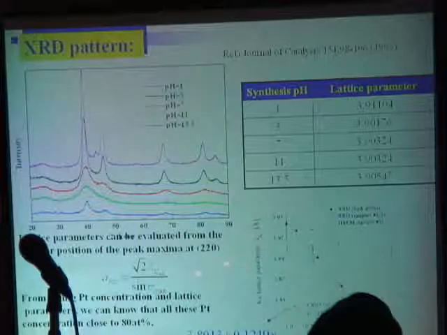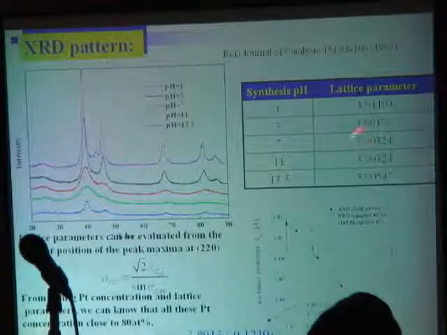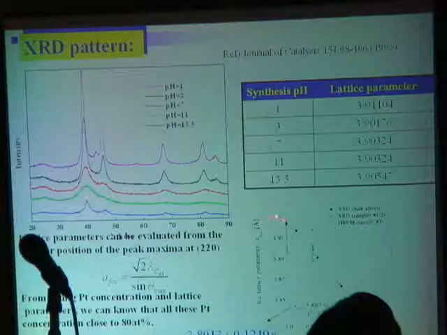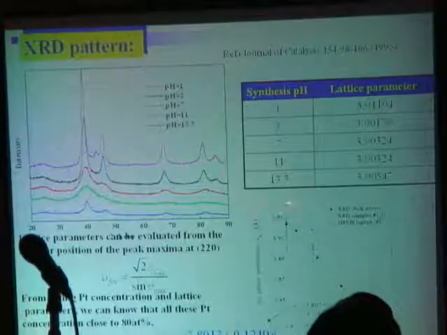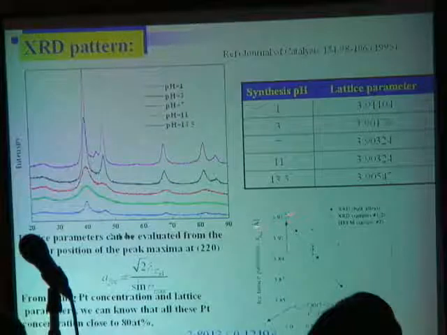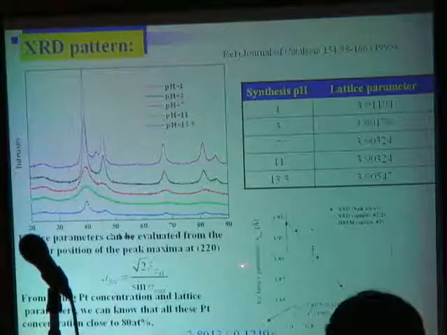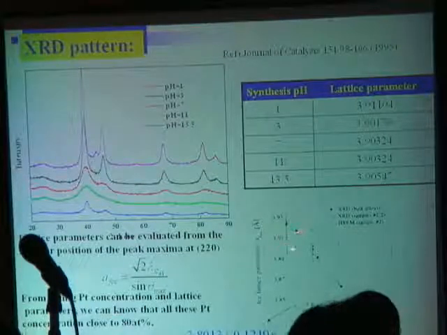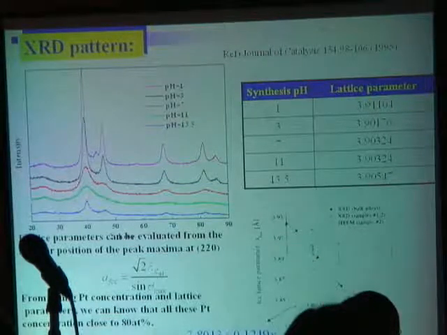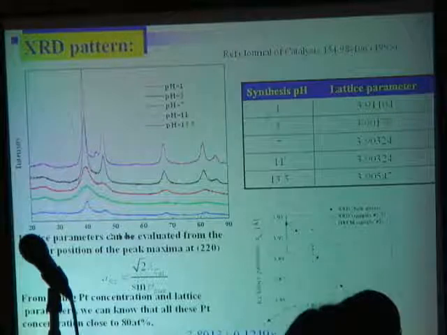The lattice parameter has two meanings. One meaning is that the lattice parameter is decreased compared with Pt. So comparing with Pt, we can know that the alloy formed because the Ru is incorporated into the Pt lattice. Second, we can know the alloy composition. From this reference and this equation, we can calculate the Pt content.